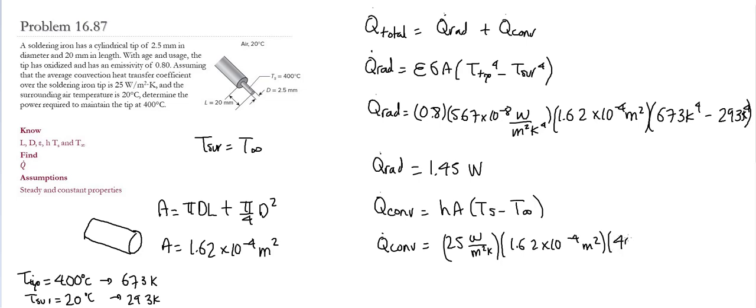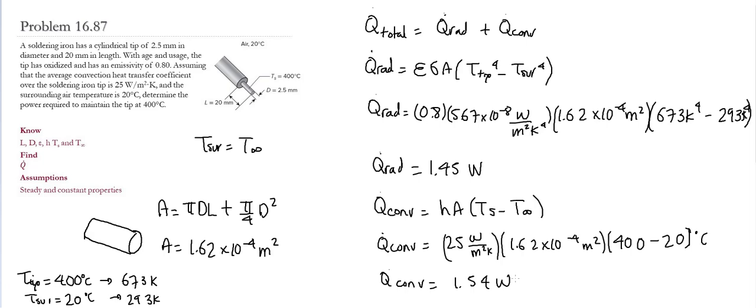So we have 400 minus 20 Celsius, and then we find that the amount of convection that we have in this case is going to be equal to 1.54 watts.